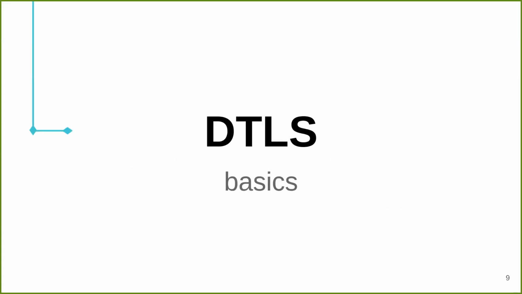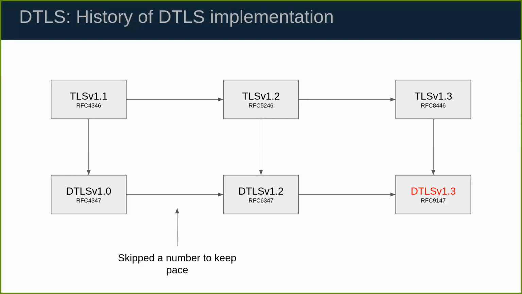So, DTLS basics. A short history of the DTLS implementations and RFCs. DTLS was always defined as a delta to the corresponding TLS specification. The numbering started at 1.0, but 1.1 was skipped so that DTLS and TLS would use the same number, making it easier to correlate them.